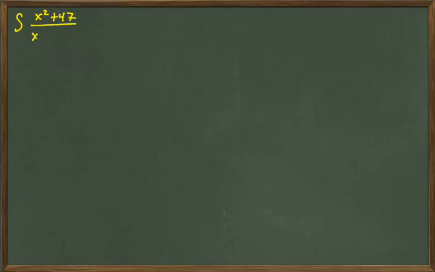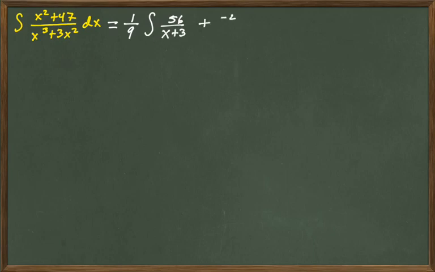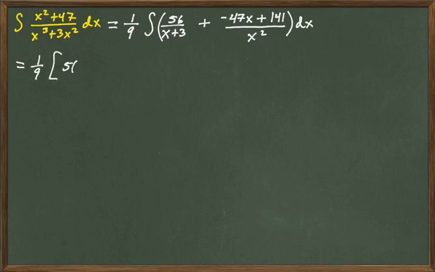So the integral of x squared plus 47 divided by x cubed plus 3x squared dx is going to be equal to 1/9 the integral of 56 over x plus 3 minus 47x plus 141 all over x squared dx. So we can integrate the first thing there, the 56 over x plus 3, that integrates to 56 ln absolute value of x plus 3.